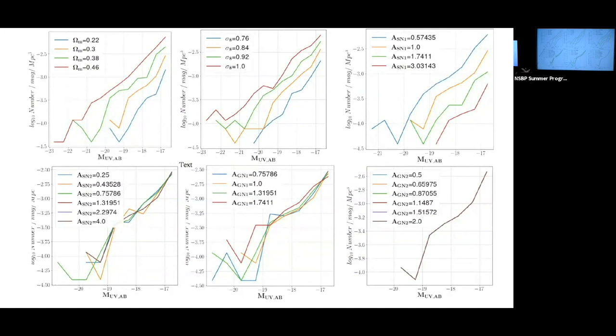As the omega matter and the sigma 8 increase, the luminosity function increases. But as the stellar feedback increases, the luminosity function decreases. That's because stellar feedback is basically matter being ejected from galaxies. So as the amount of matter in the galaxy decreases, luminosity is expected to decrease.